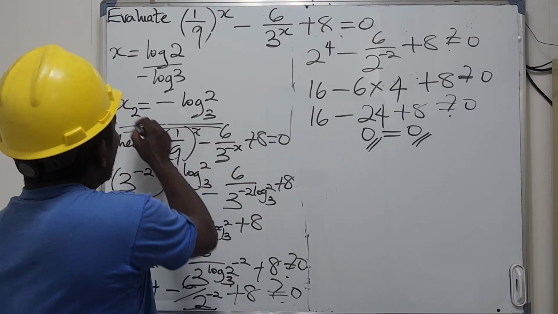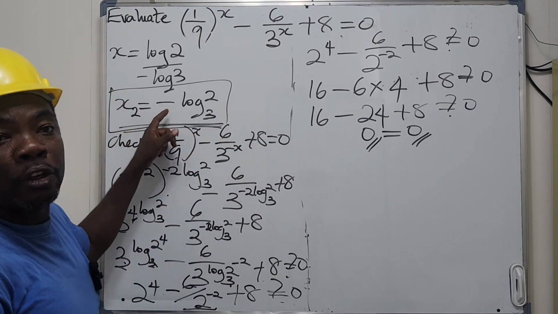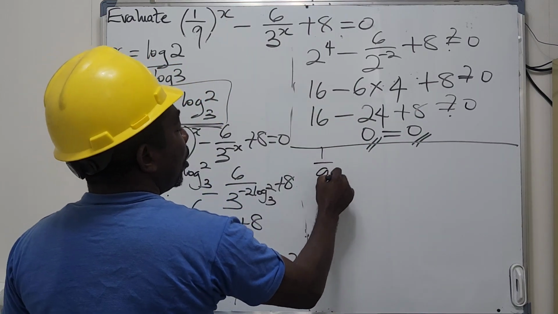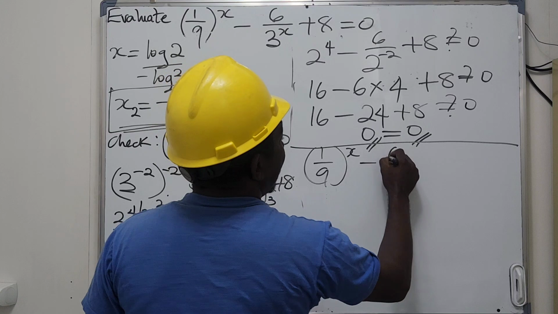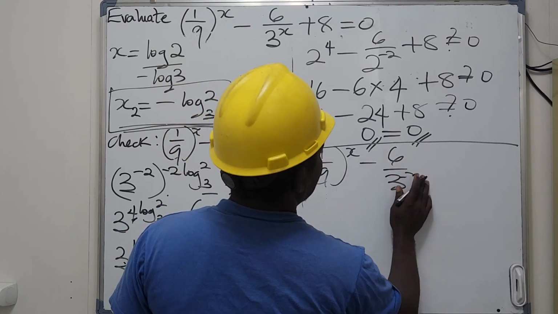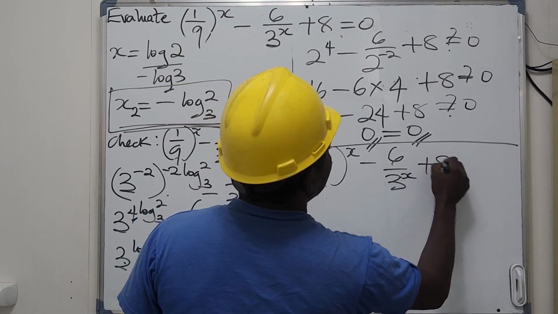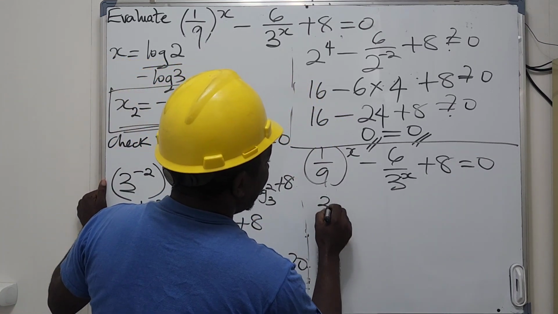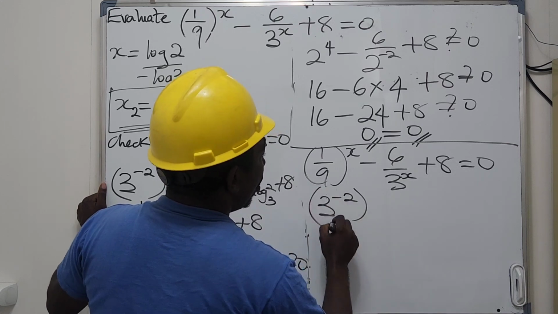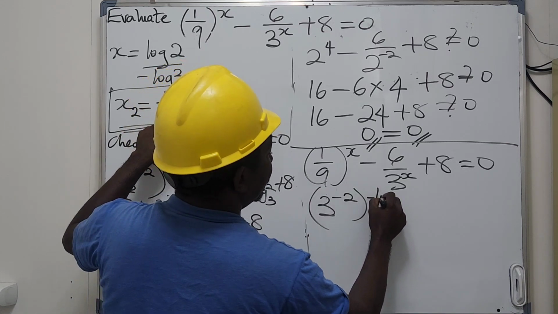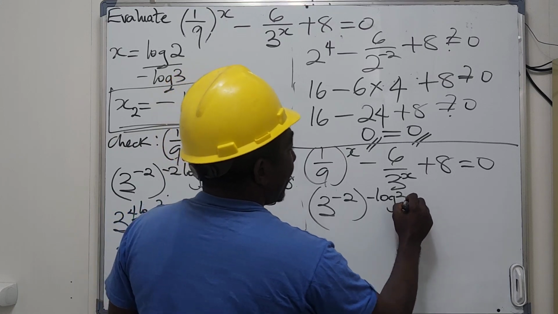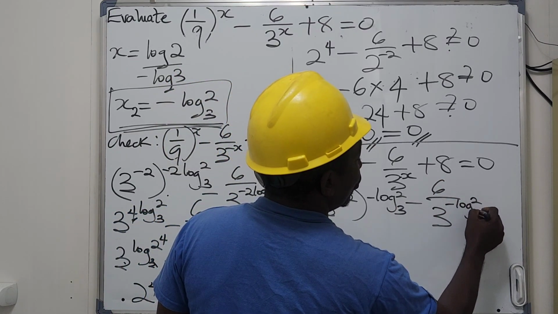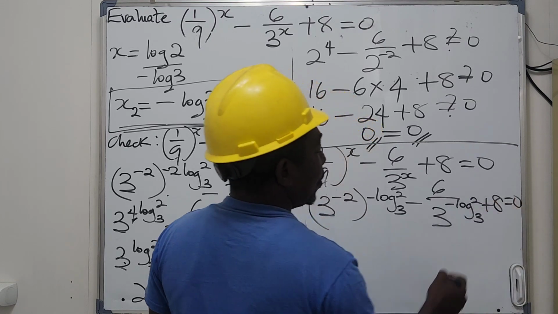So for the second one, where we have x2 equals minus log 2 base 3, when we slot that in, we have 1 all over 9 all to the power of x minus 6 all over 3 to the power of x plus 8 equals 0. Then the value of x, this is the same thing as having 3 to the power of minus 2 all to the power of minus log 2 base 3 minus 6 all over 3 to the power of minus log 2 base 3 plus 8 equals 0.